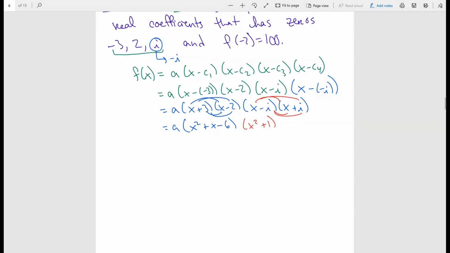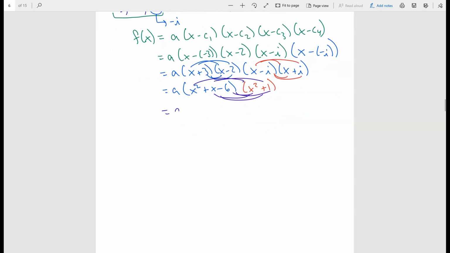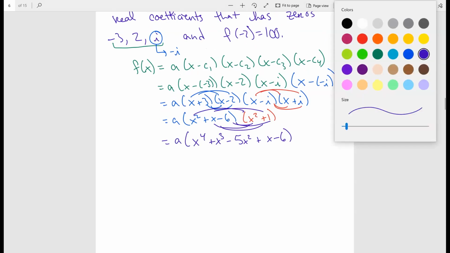Okay, and then finally what we're going to do is FOIL the last thing out. This is going to be crazy. So this is going to be just x to the 4th plus x cubed minus 5x squared plus x minus 6.